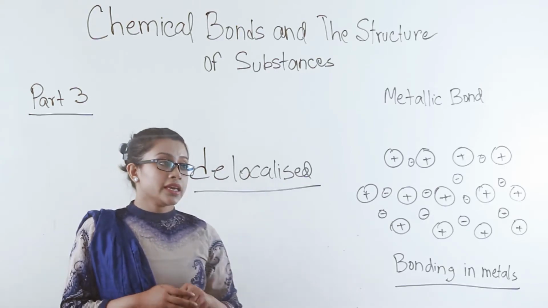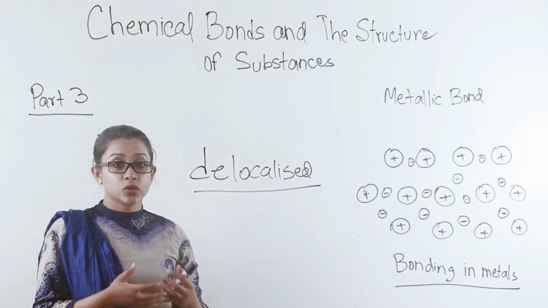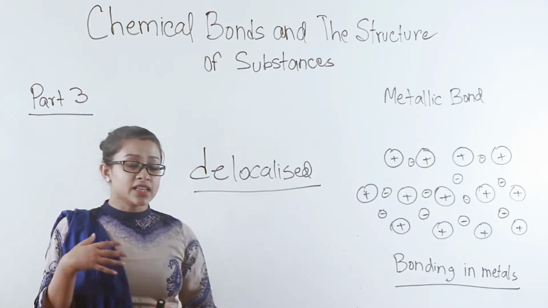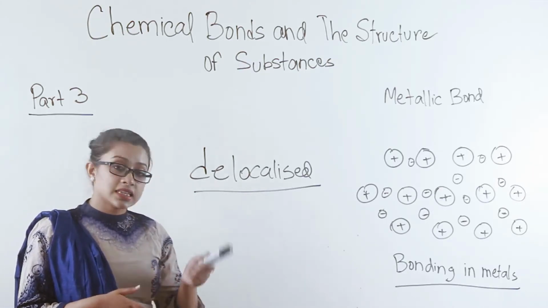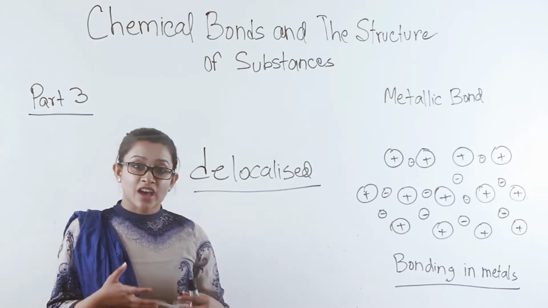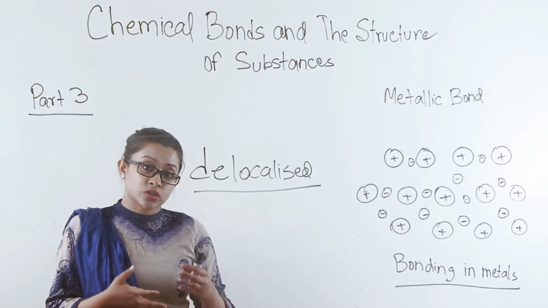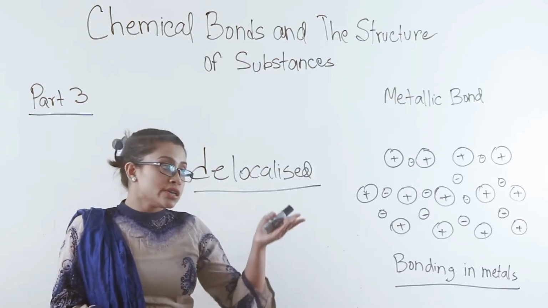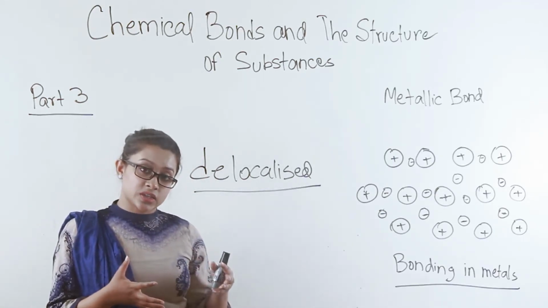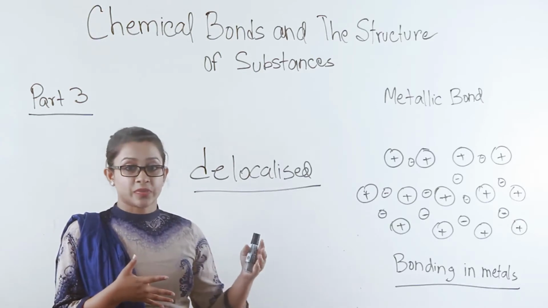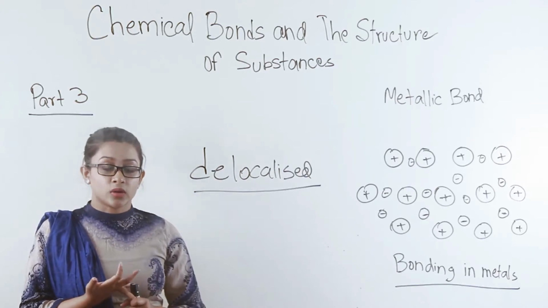But in everyday life, we see metals conducting electricity in solid as well as when they are molten. Having this sea of electrons gives them agents that can carry electricity, as we know that the movement of electrons is what conveys electricity. So movement of this sea of electrons carries electrical energy through the metal. As a result, metals conduct electricity when they are solid, and also when they are molten.